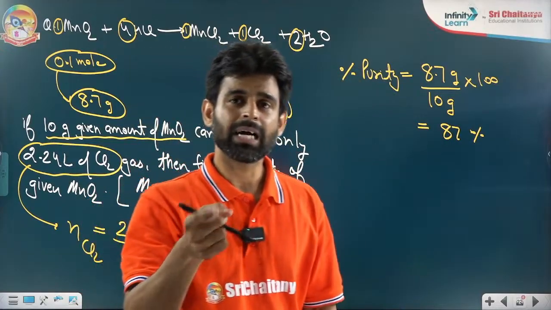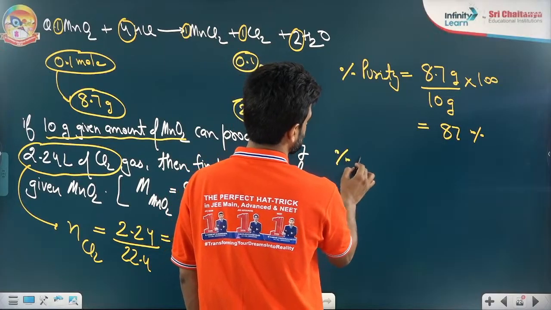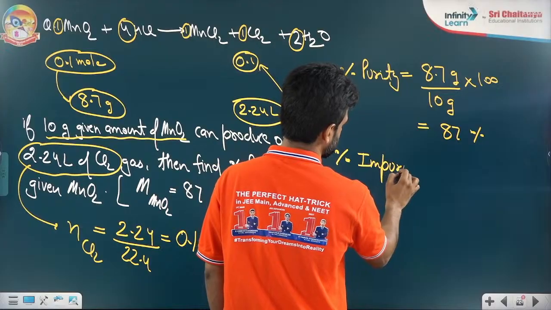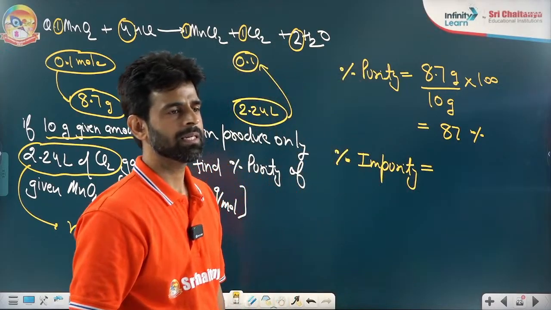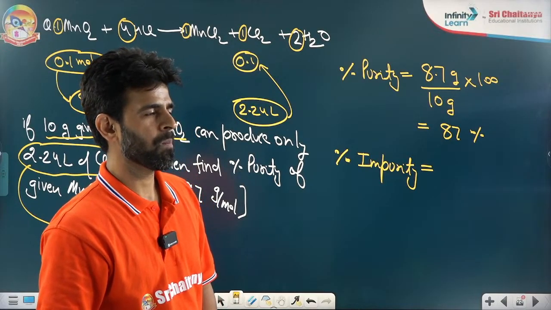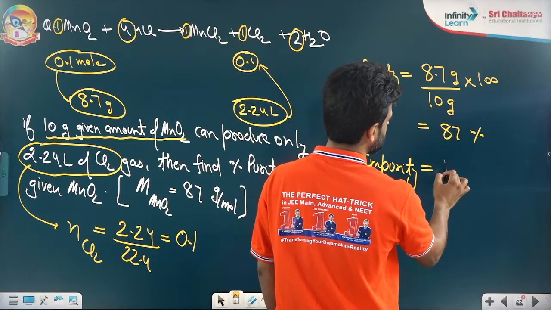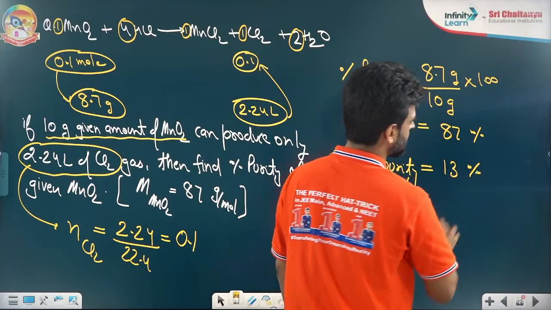Okay, sometimes they ask the reverse, they ask a different thing, they ask percentage impurity. So please tell me what is the percentage impurity here? Purity is 87%. So how much will be impurity? 13%. 100 minus purity, na?